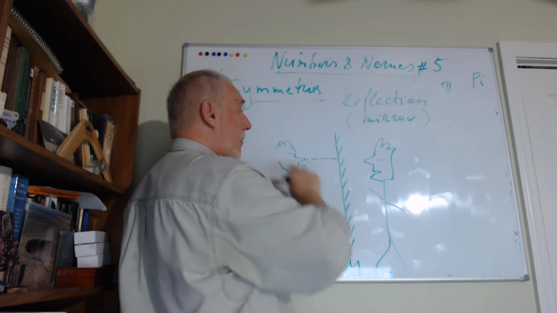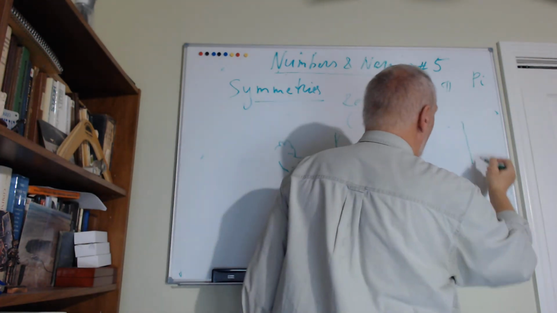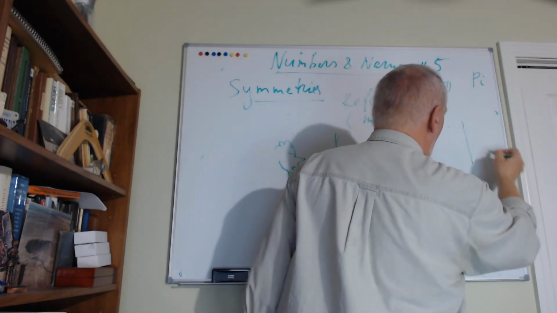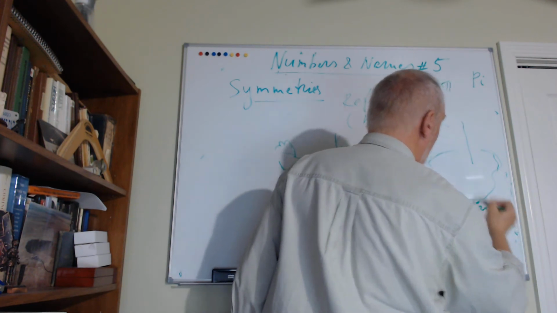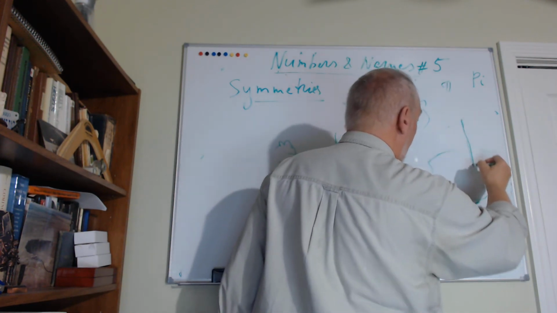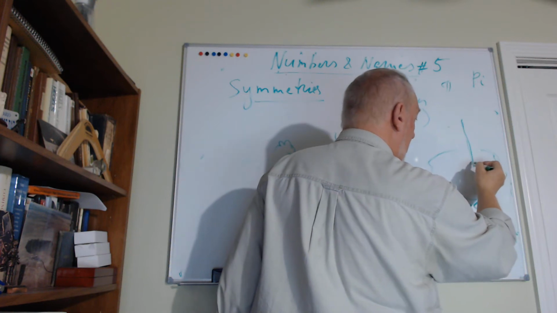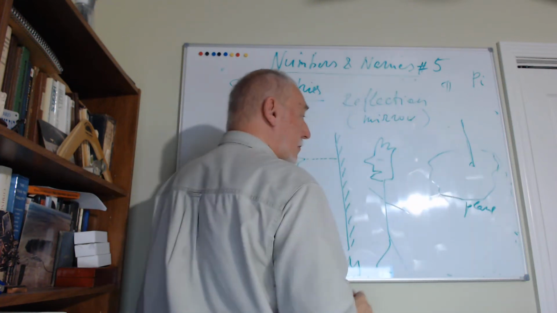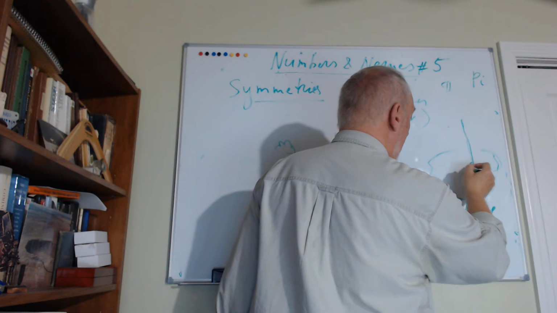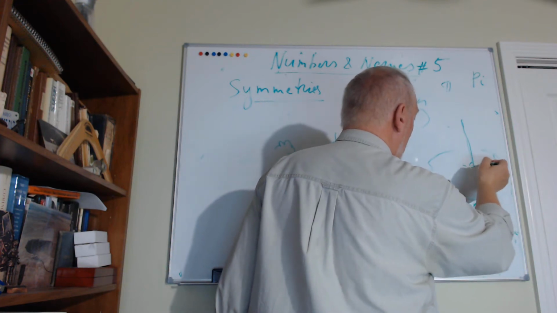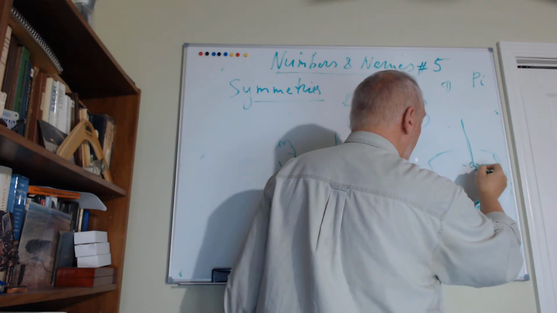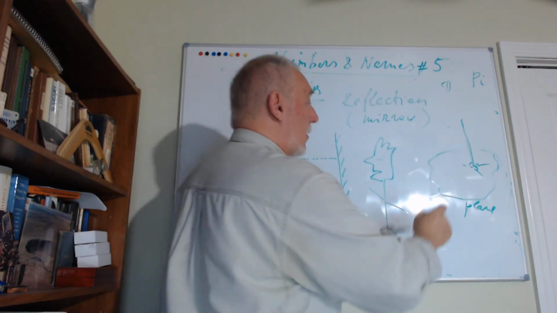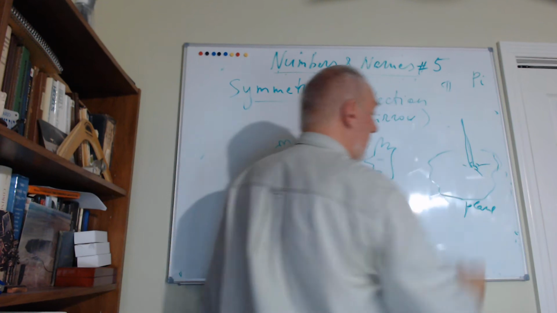Just to remind you, it's a line, for example, this is a plane, and you put a line which is at a right angle with the plane. Any angle you measure to any line in the plane will be a right angle. This is called perpendicular.